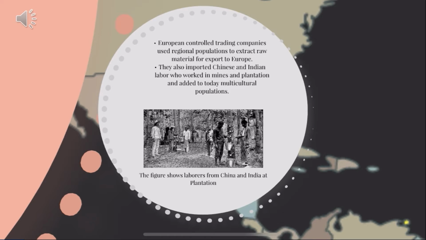Do you know which European countries dominated Southeast Asia? Great Britain, France, Spain, the Netherlands, and the United States were the imperialist countries that had colonies in Southeast Asia.